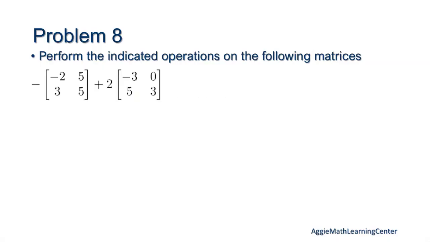In my opinion, matrix addition is quite a bit easier than matrix multiplication because you don't have to deal with so much multiplying and adding and keeping track of terms. Because like was said before, when you're adding together, you add basically the same position. So if it's in the top left, you add it to the top left.